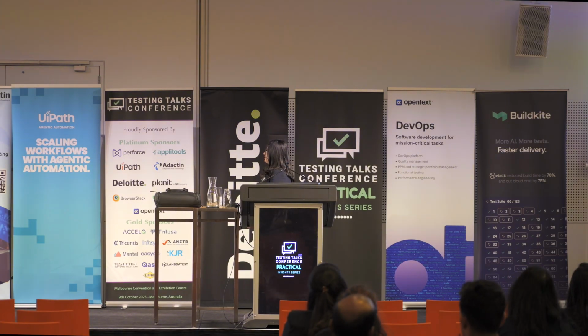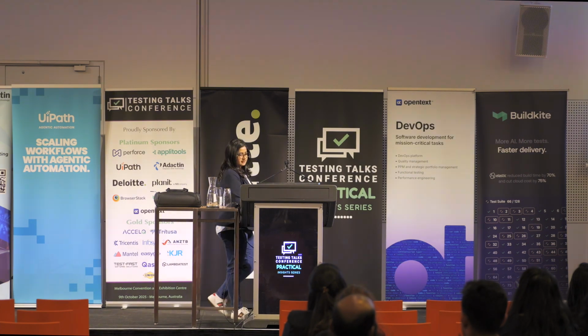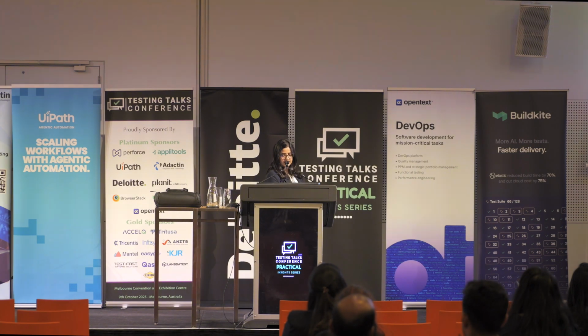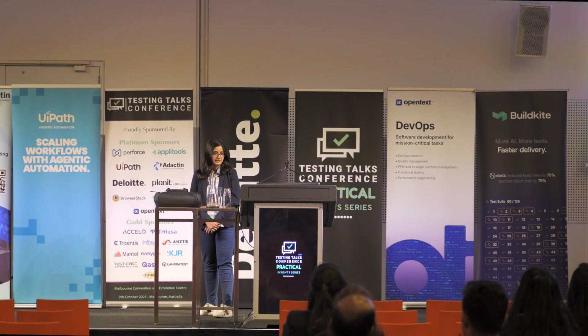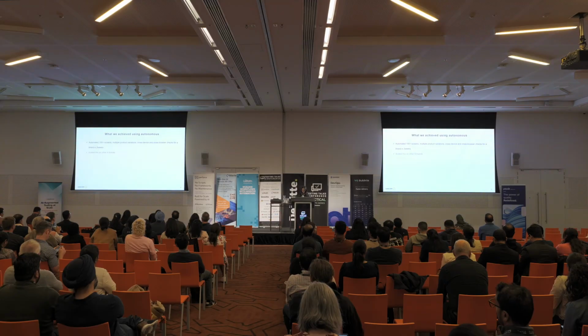So, what did we achieve using Autonomous? We were able to automate all of the screens, all the 100 screens that I spoke about, and parameterize that to execute it on multiple test data sets for a single brand in less than 2 weeks. All the flows we were able to automate, and then we were able to scale that to the rest of the brands.